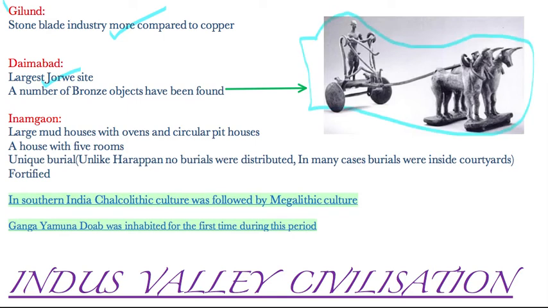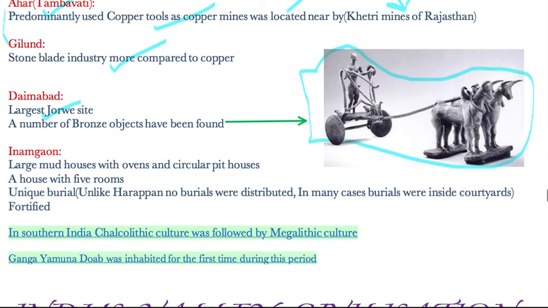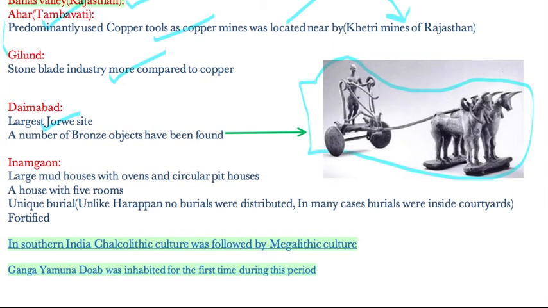It also tells about their practice of agriculture. Then one important site is Inamgaon. It is a site near Pune, and large mud houses with ovens and circular pit houses have been found here. A house with five rooms has been found. So big houses were there, probably for the head of the tribes.